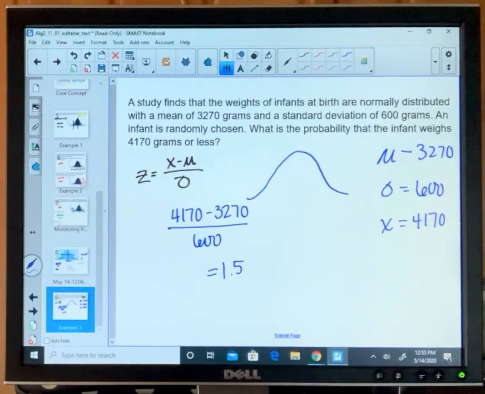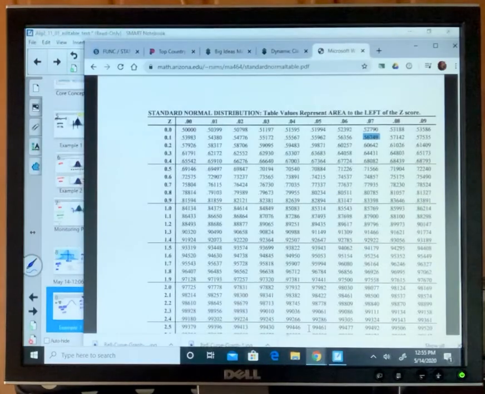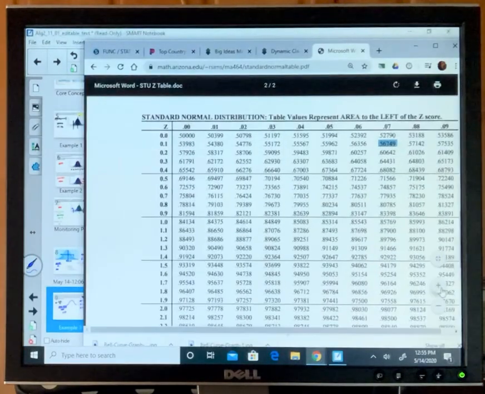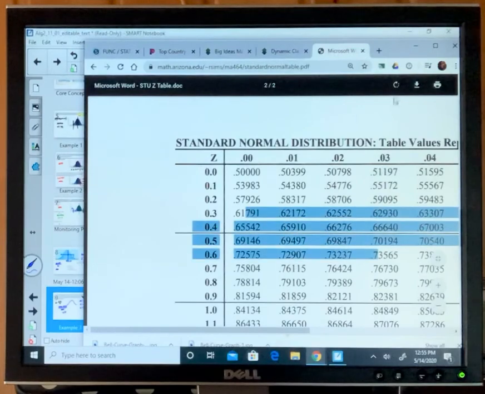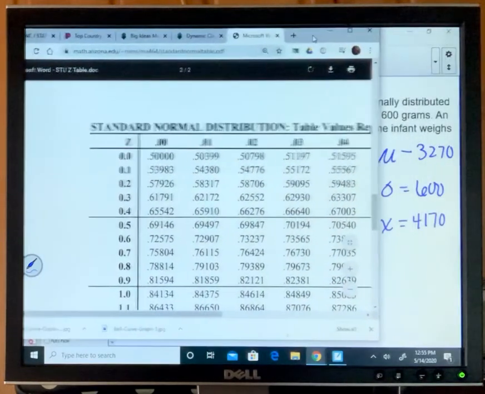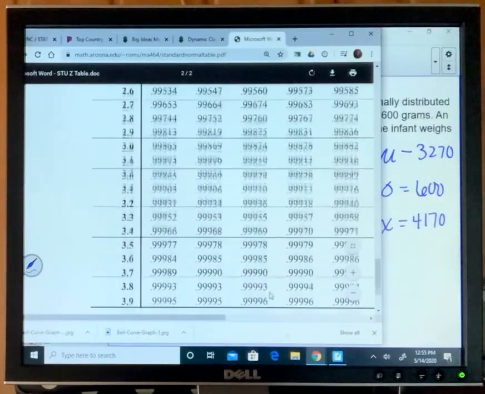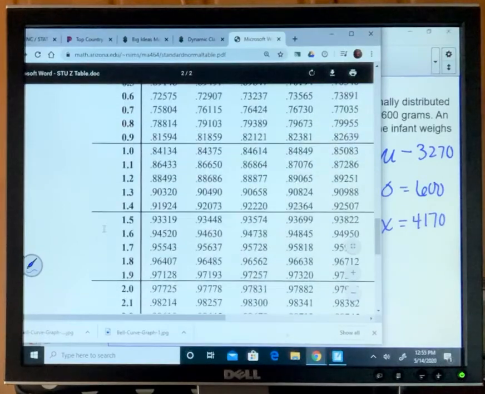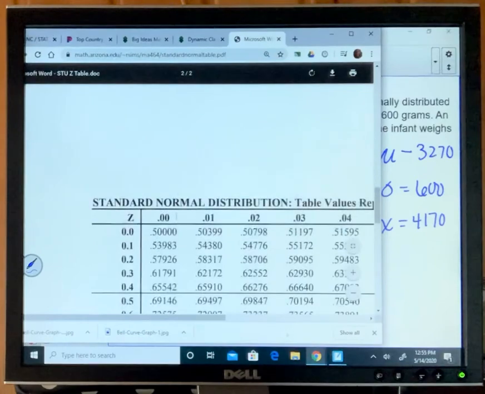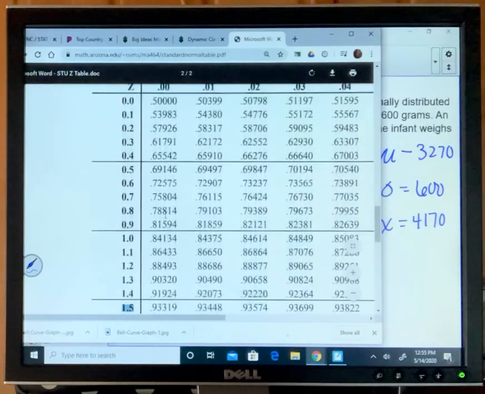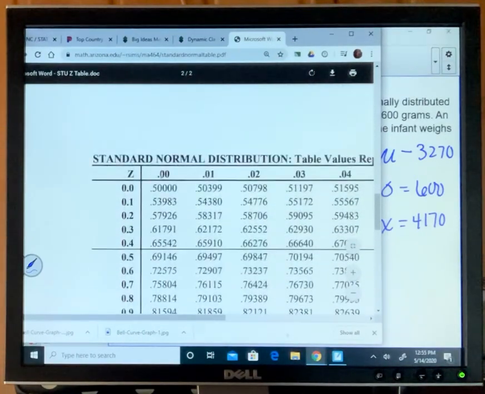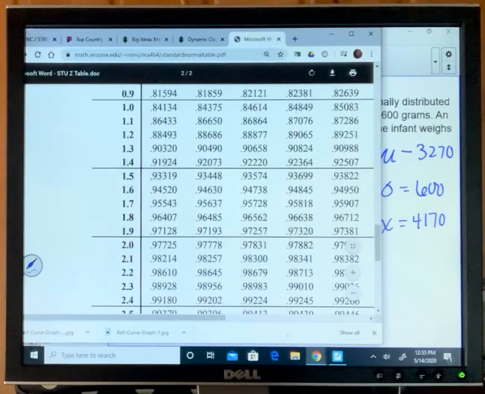Okay, that's my z-score. So I'm going to go to this z-score table, pull this back up, and zoom in so maybe you can see this a little better. I want to go to 1.5, and it was straight up 1.5, so I'd use 1.500. This extra column is just your second and third decimal. So 1.500, and I get this number.